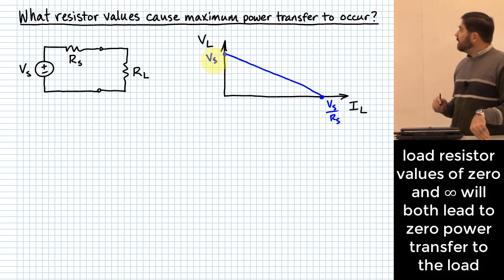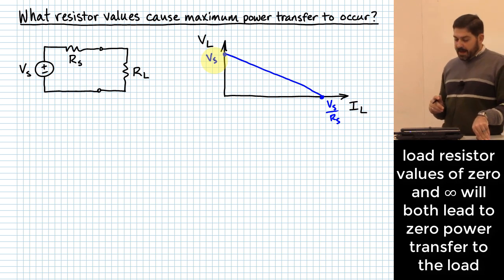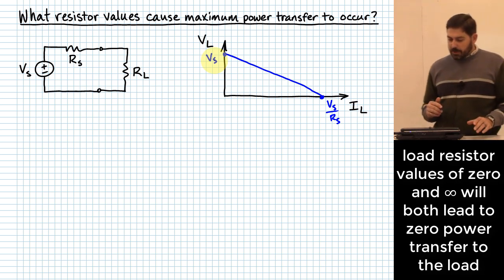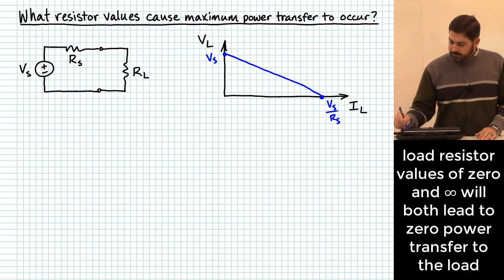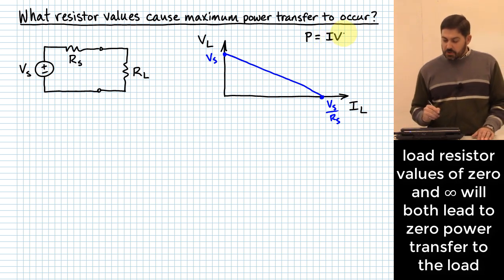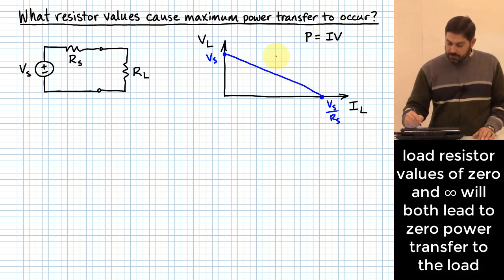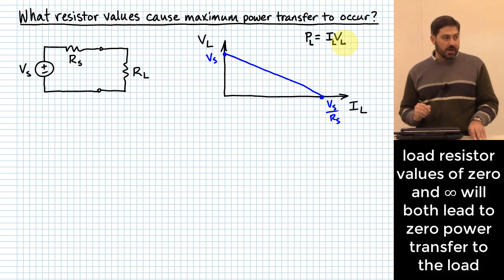Now here's an interesting thing. Power is, what's the formula for power, the most general one for electricity? P equals IV. And what we're doing here is we're doing this all for this curve right here. This is all for the same circuit component, like that load resistor RL.